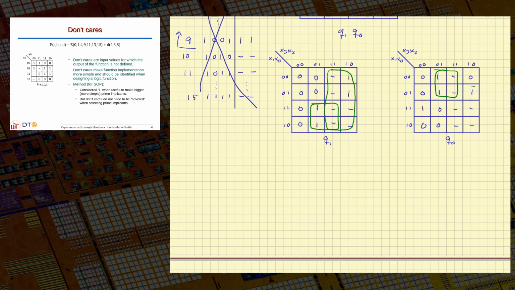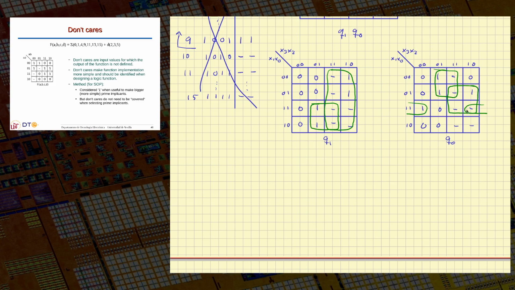I have a second order prime implicant here, and I cannot simplify anymore. And now I have this one left that has this adjacency here, so I can combine it with this one.